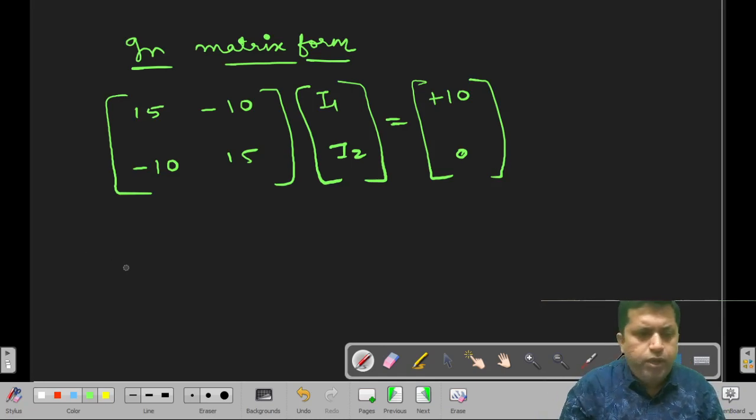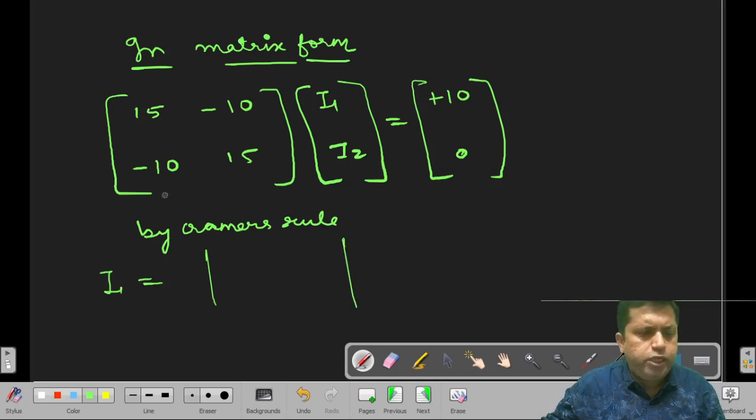What is I1? So by Cramer's rule, what will be I1? See this determinant. The left hand side first column will be replaced by the right hand side matrix.